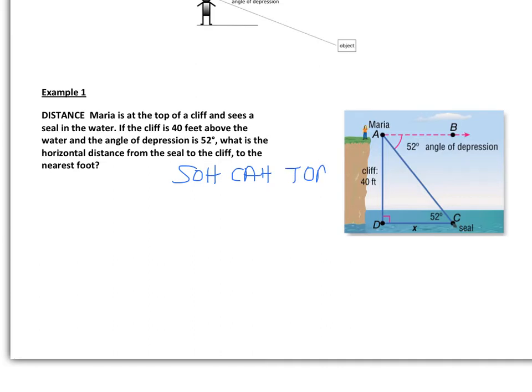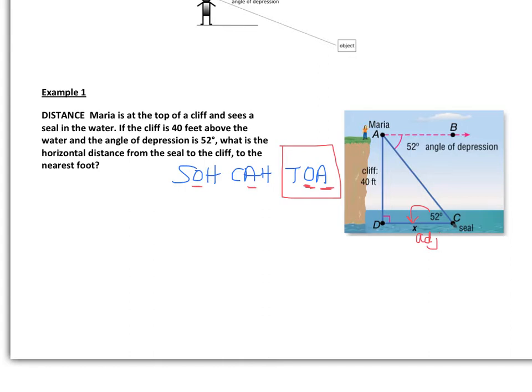From the perspective of this 52 degrees, the cliff height is opposite, and the horizontal distance from the seal to the cliff would be adjacent. So we have this and this, so we are going to use the tangent because that's where we know the most information.